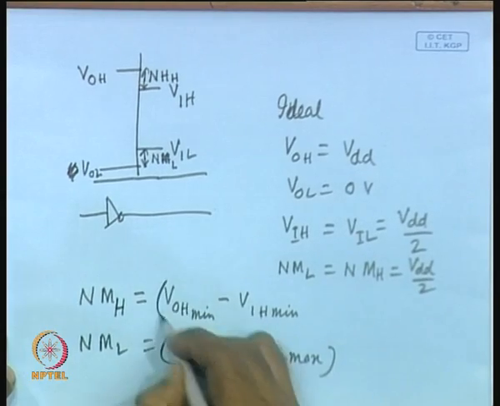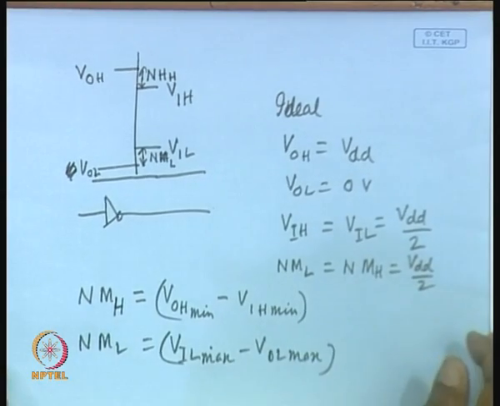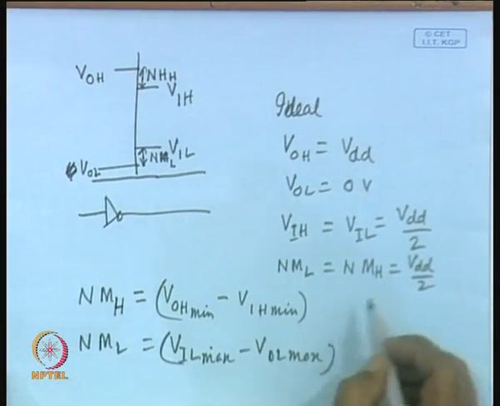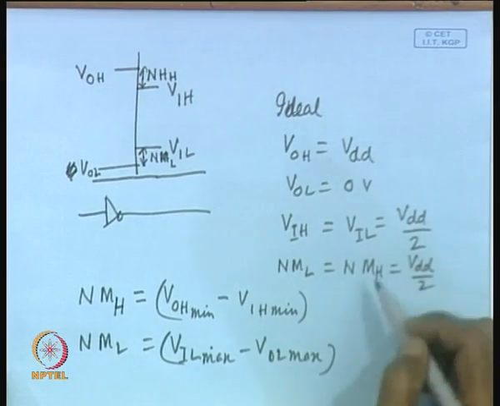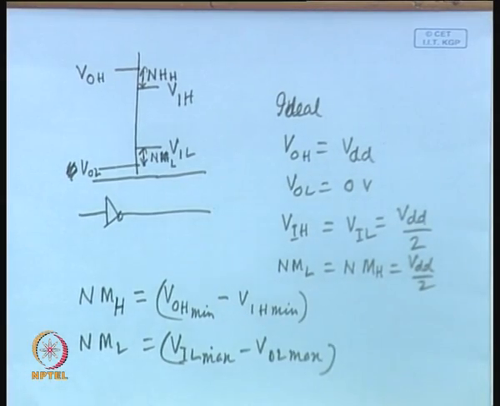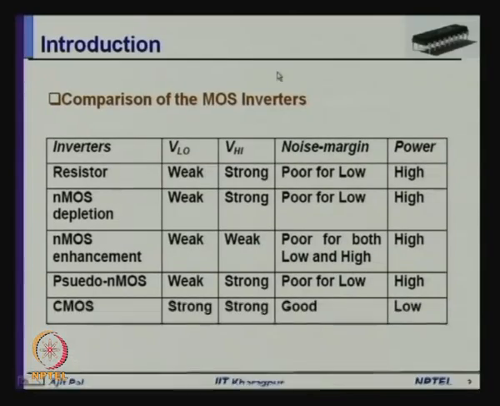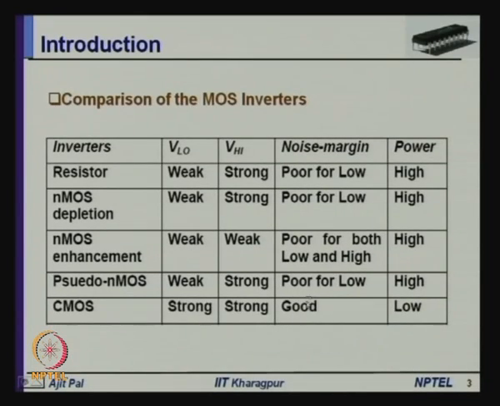So, these are the actual noise margins, and obviously it deviates from the ideal situation that we have already discussed, and we find that noise margin is good only for CMOS. Then coming to the power dissipation, the fourth important parameter is power.